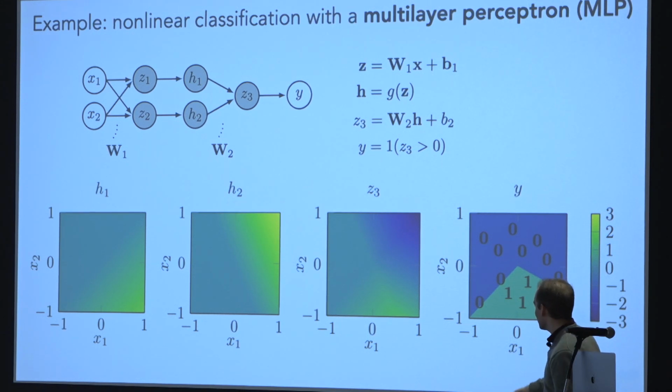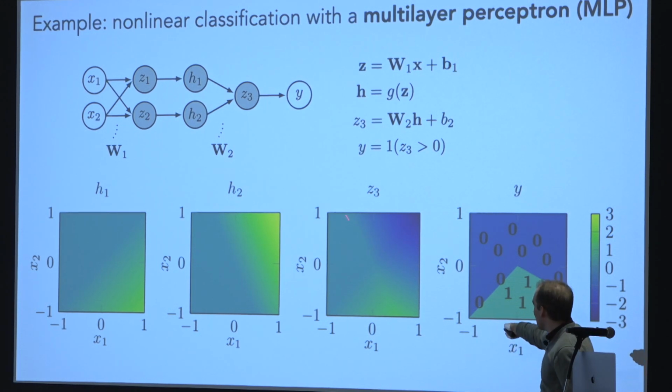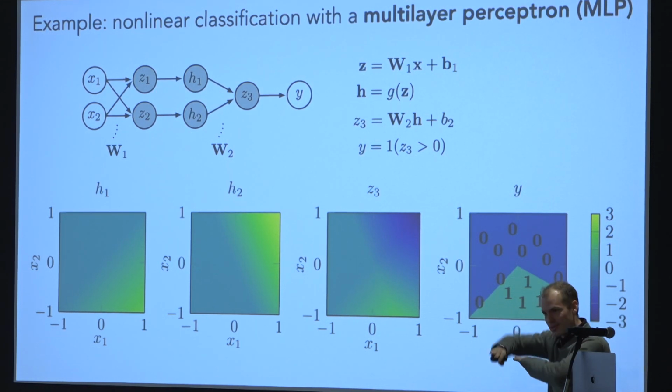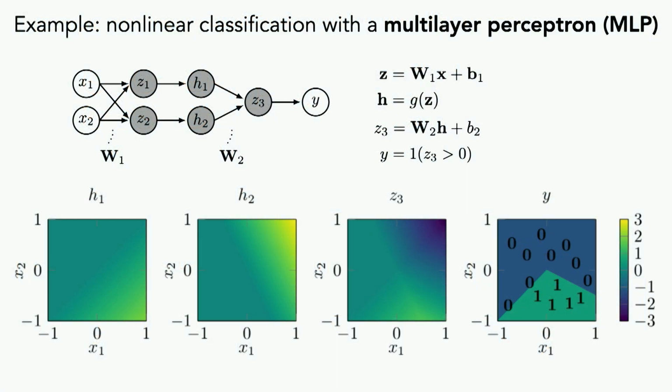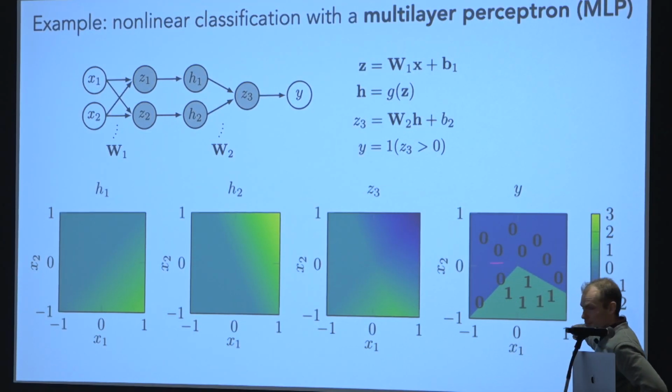You have all these little pieces, but then H1 and H2 are these little ramps that are cut off at 0. And then Z3, which is a sum of H1 plus H2, or a weighted sum of those two things, is going to be two of these funny little shaped objects summed. And then you get a more complicated shape. Now you get the ramps intersecting and they can create funny cones, okay? So what happens is if I want to classify a set of data which is labeled 1 in some cone separately from the zeros up here, well, there's no linear function that can do that.